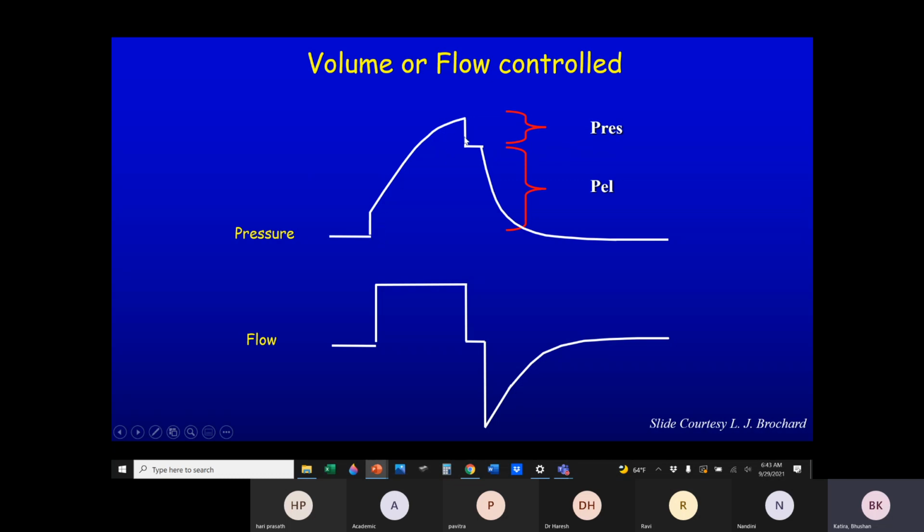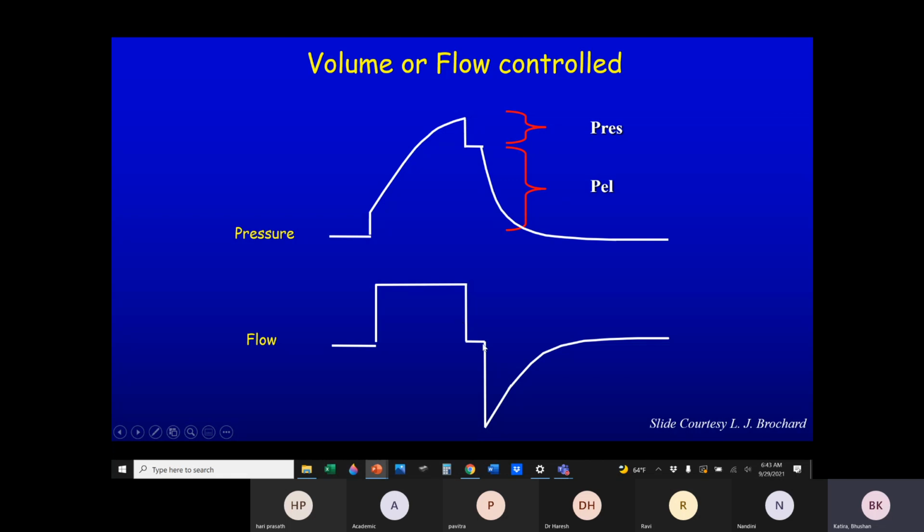In a volume controlled breath, this is the pressure waveform. The pressure instantaneously increases, and then as the flow is static, the pressure has a less steep curve. It achieves peak pressure.